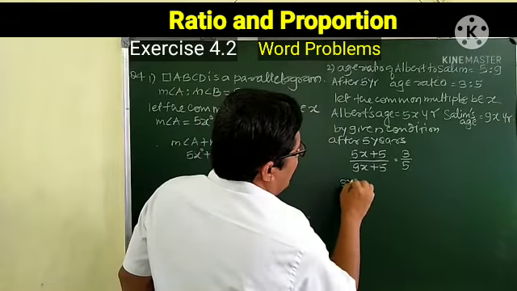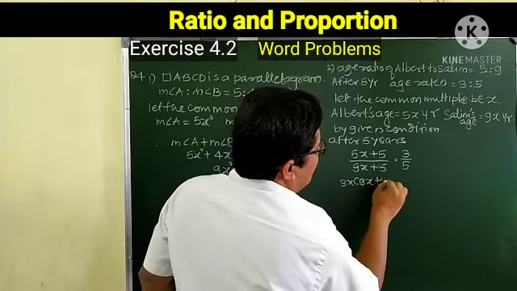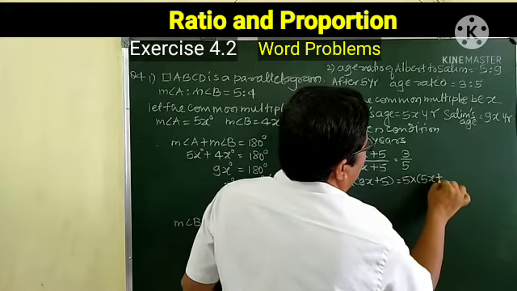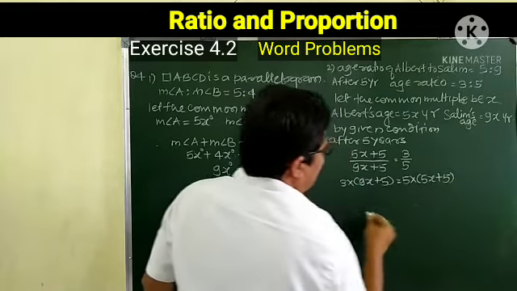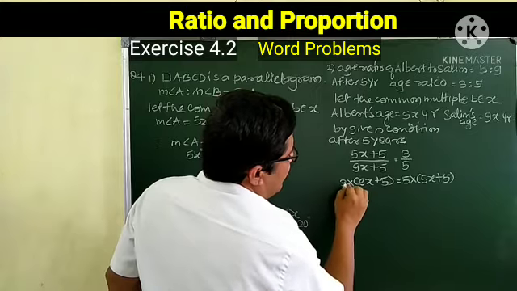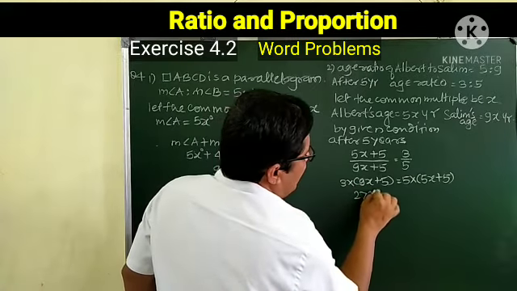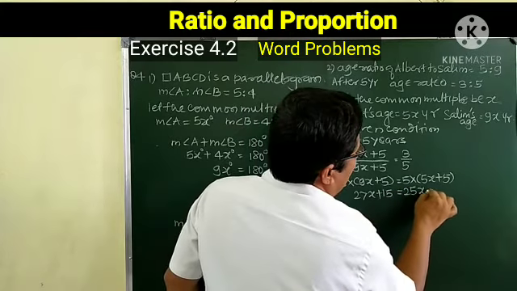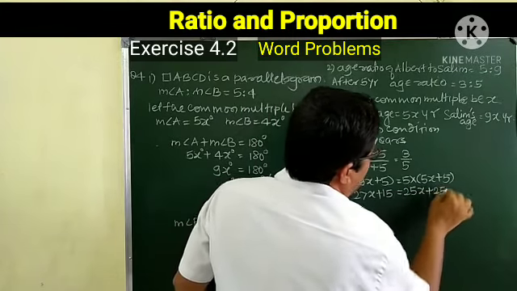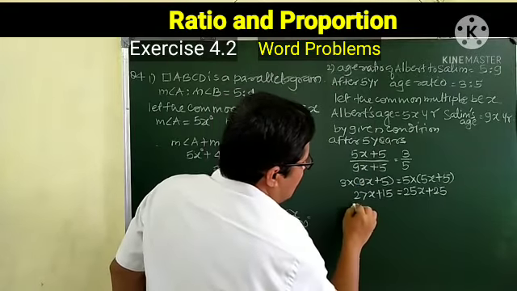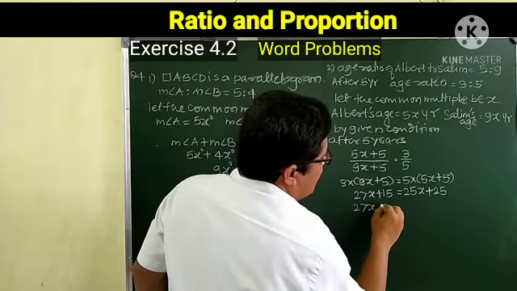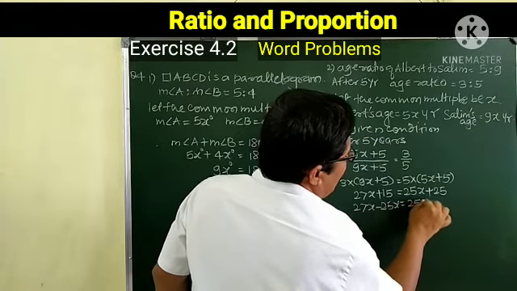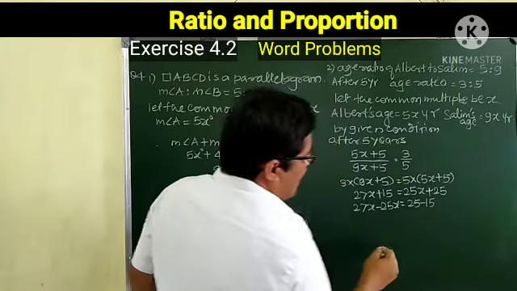So 3 multiplied by (9x plus 5) is equal to 5 multiplied by (5x plus 5). Now open the bracket. 3 into 9, 27x plus 15 is equal to 25x plus 25. 27x minus 25x is equal to 25 minus 15.